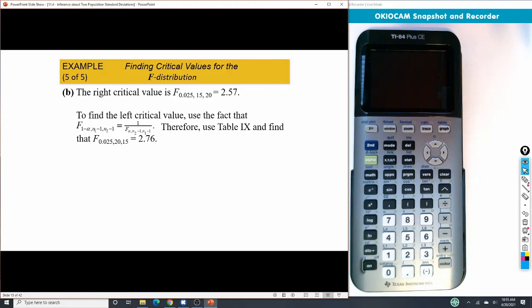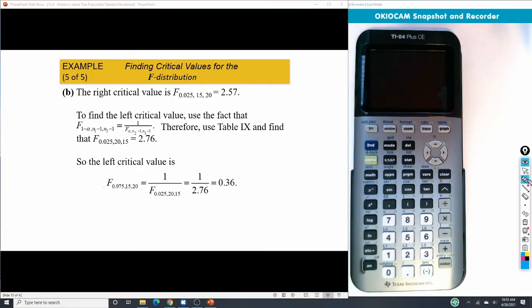Now, what about the one to the left? We have to change some things up for that. So we see here that when we talk about to the left of 0.975, 15, and 20, we actually need to change to this formula so we can find it.